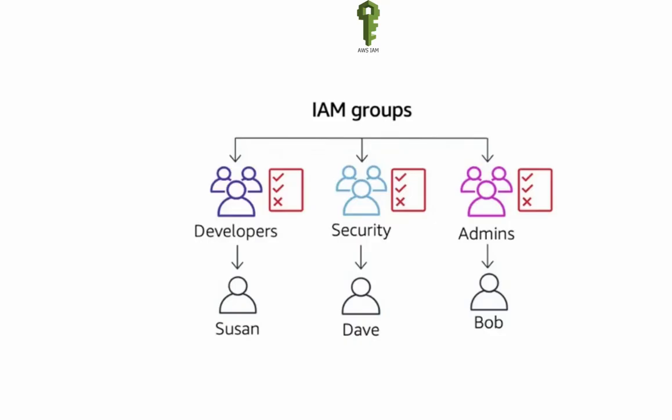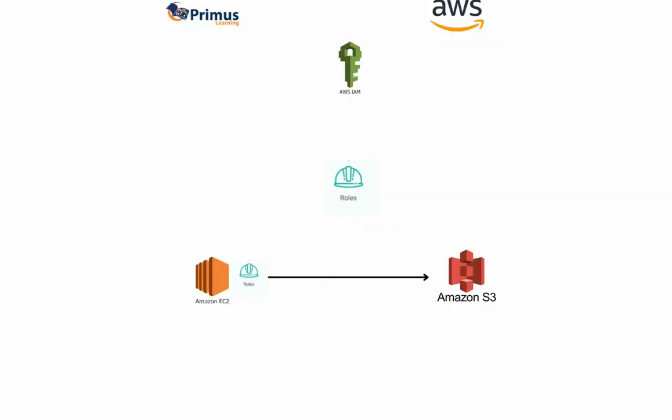When we have multiple users, we can group our users into various groups for easy management. We also have IAM roles, which are non-human identities that we use with AWS IAM for some AWS services to communicate with other AWS services.